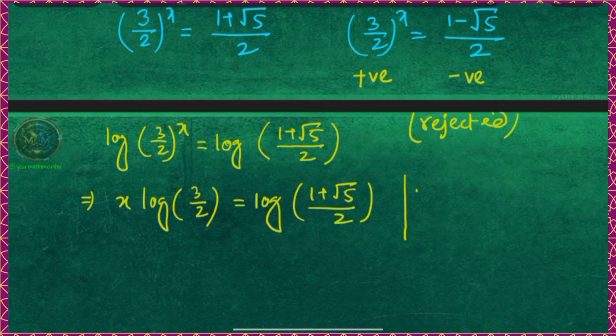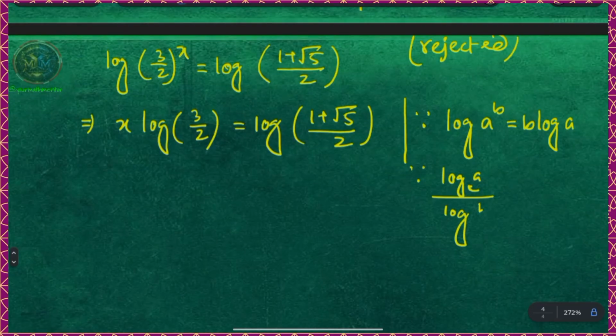Since we know the formula log a to the power b can be written as b log a, and we are also going to use another form, log a base c divided by log b base c can be written as log a base b.